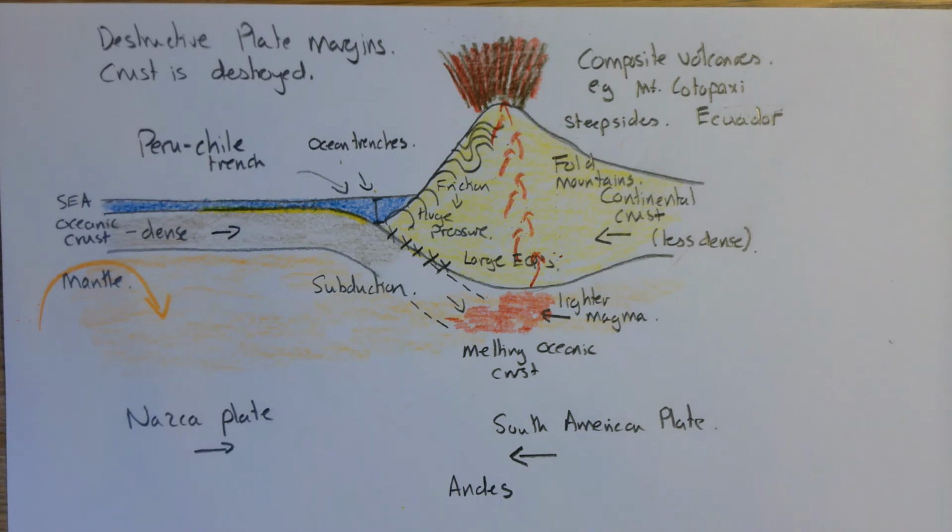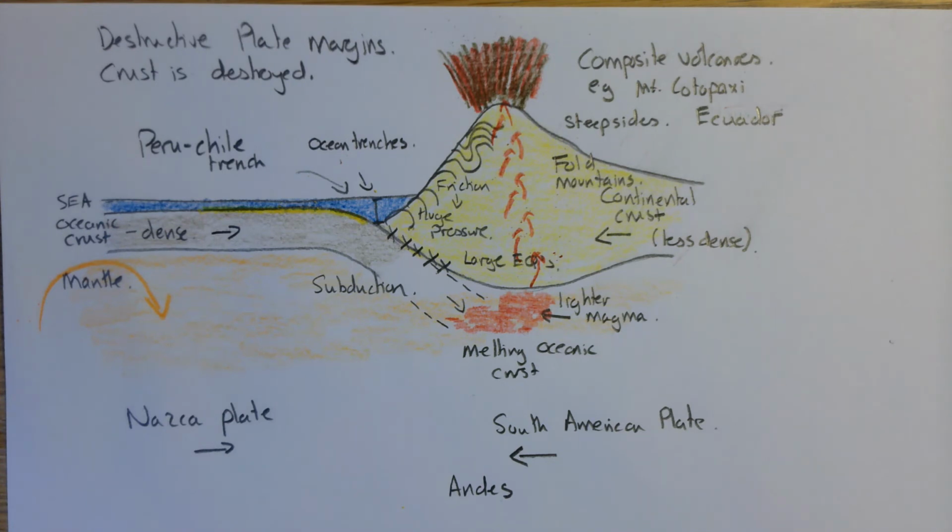And how would you describe the movement of plates at a destructive plate margin? Yes, they are moving towards each other, and in more technical language we could say, exactly, they are converging. Nice one.